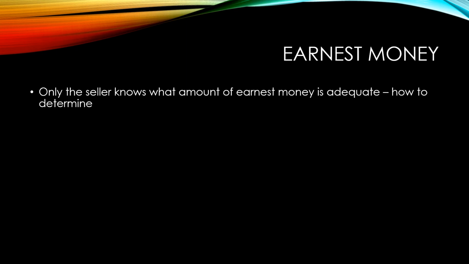I actually had a seller who called me one time and was furious that they were only going to get $1,000 because the buyer had breached the contract. And it was about a $550,000 home, and we only had $1,000 earnest money that my agent had collected, and I'm not sure why we didn't get any more.